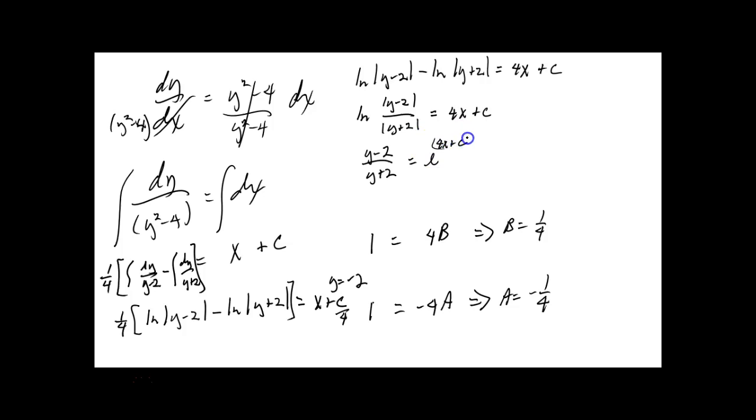Now, that's a simple exponential of a sum, which is the same as the product. So this would be the same as e to the 4x times e to the c, which is just another constant. So we can change it or make it c. I mean, it's just a constant.